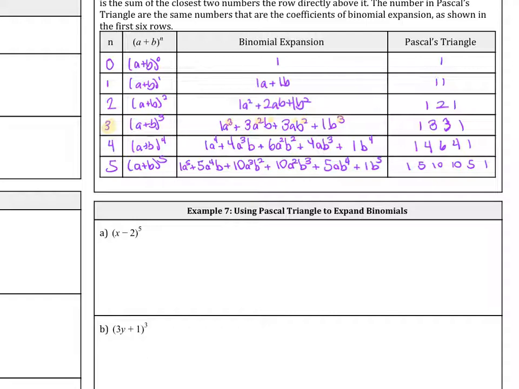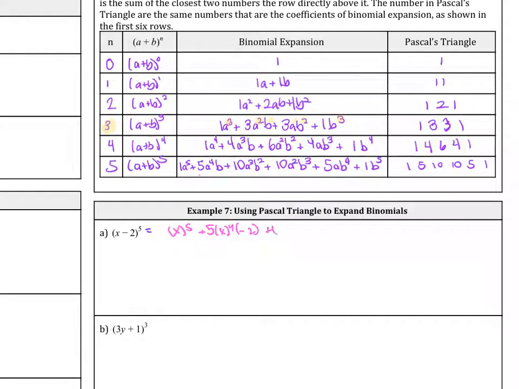So let's try it. We're looking at x minus 2 to the 5th power. So we're looking at the 5th row. The power tells us where we look. We look at the 5th row, and so we plug it in. We know that a is x, b is negative 2. So we have a to the 5th, so that's x to the 5th power plus the coefficient of 5 times a to the 4th, so x to the 4th times negative 2.